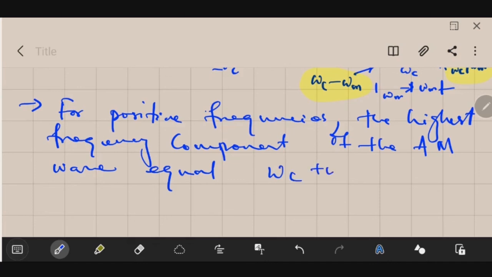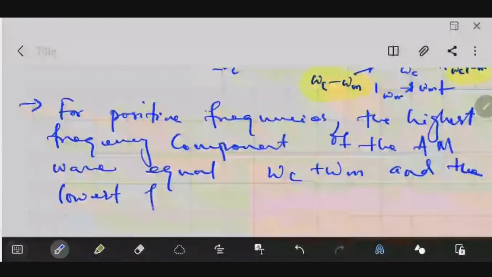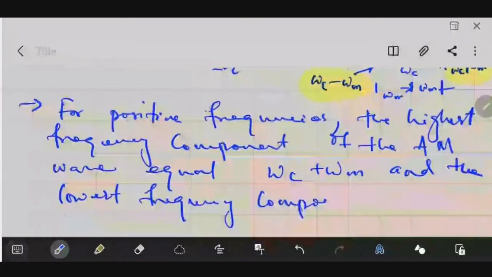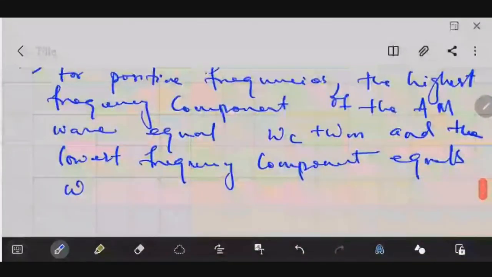Omega c plus omega m. So this is the highest frequency, and the lowest frequency component equals how much? Omega c minus omega m. So the difference between these two frequencies will give us the bandwidth.